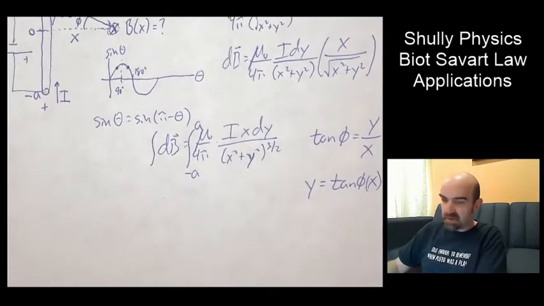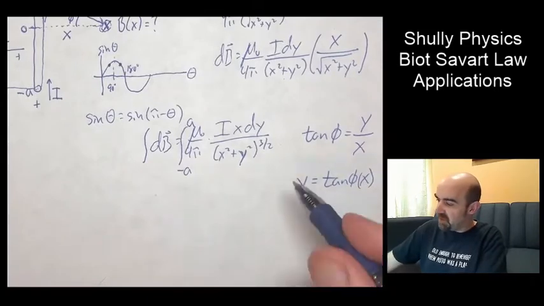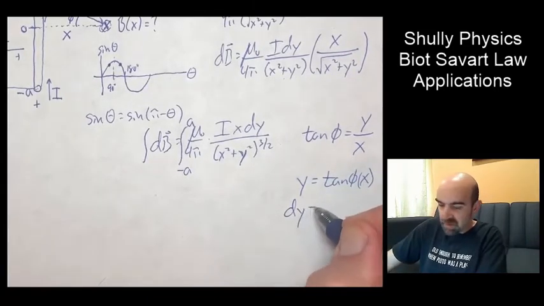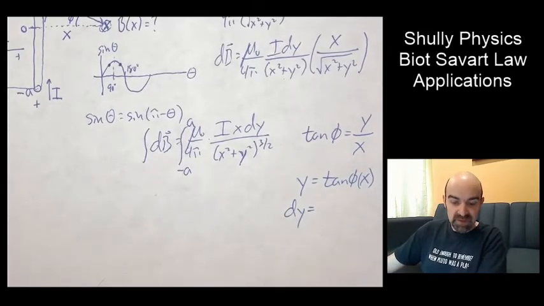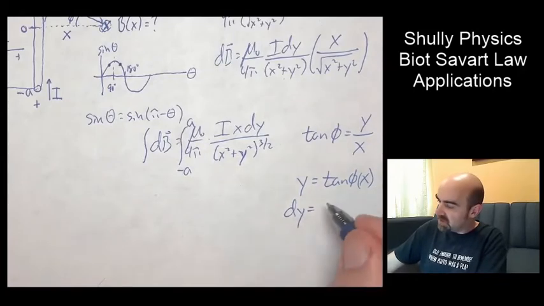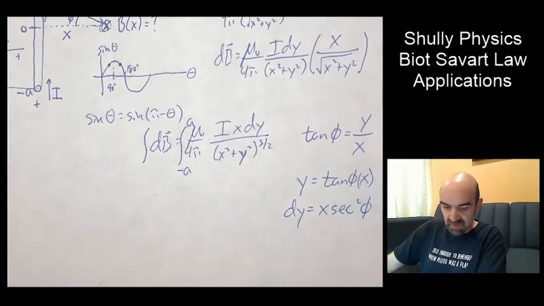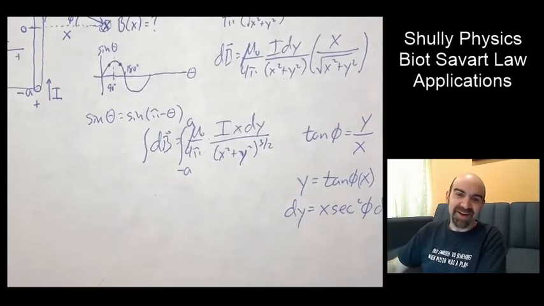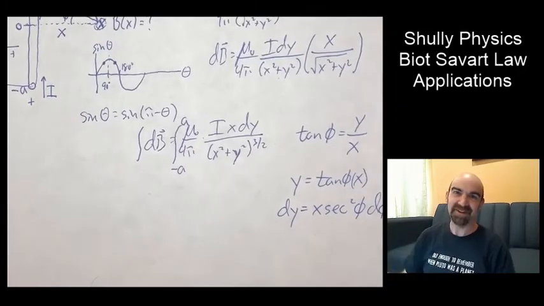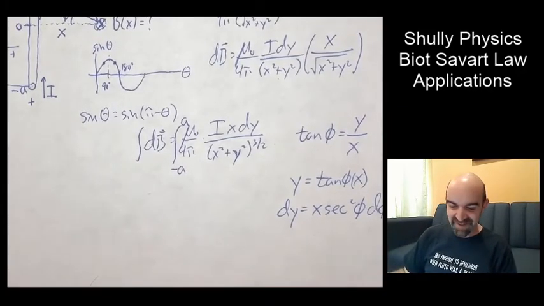We take our derivative to figure out what dy is equal to, and the derivative of tangent is the secant squared. So we have x secant squared phi d phi. I just like saying phi instead of phi. It's also what Dr. Kramer used, I think that was him.